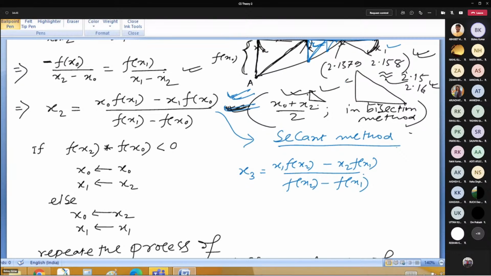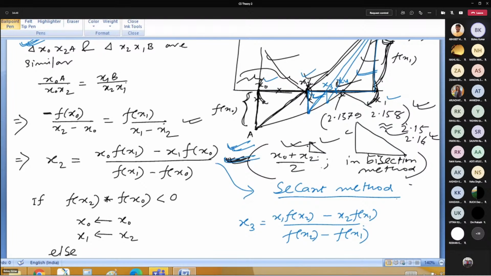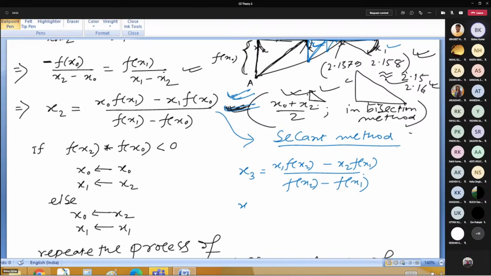Again, with the help of x2 and x3, we will get x4. So x4 will be x2 f of x3 minus x3 f of x2, by, sorry, f of x3 minus f of x2.